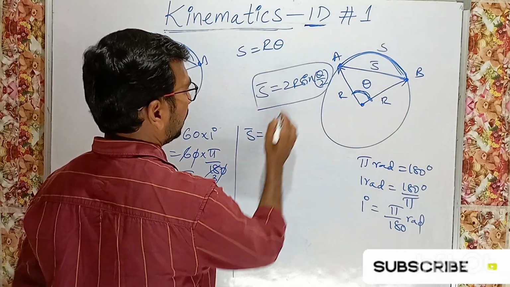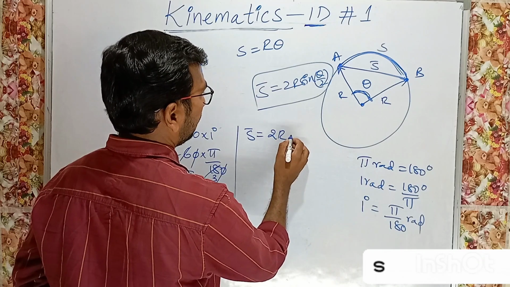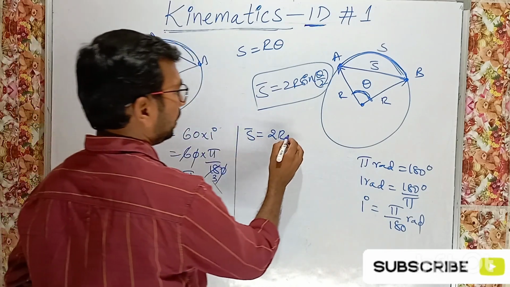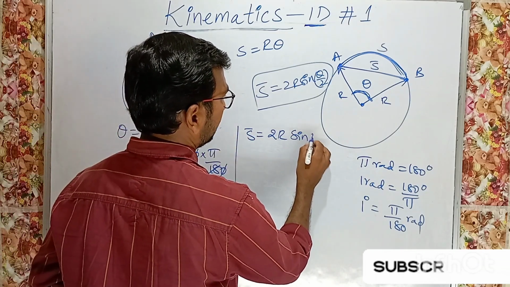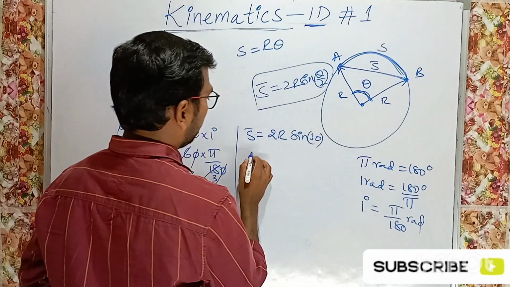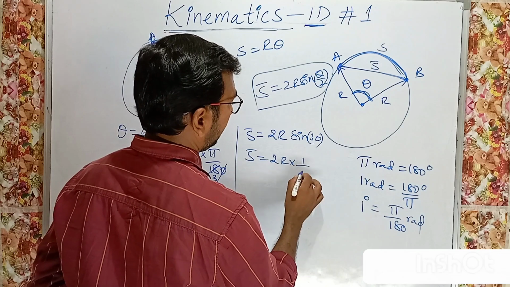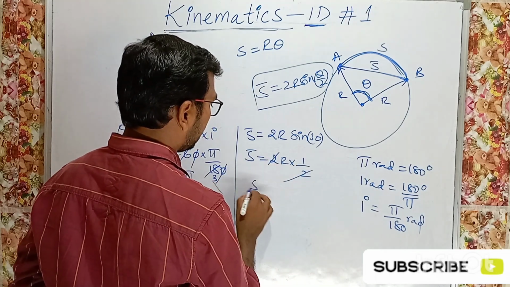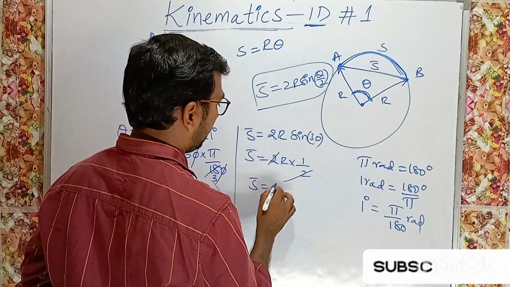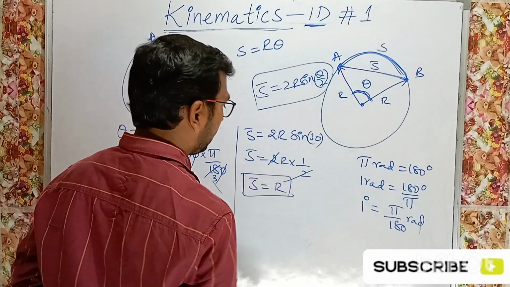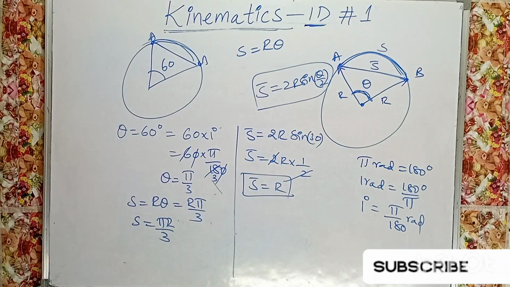Displacement is equal to 2R sin 30, since theta is 60 degrees. So S bar is equal to 2R, and sin 30 value is 1 by 2. These two cancel. So in this case, displacement is equal to R. Like that you can find out for any angle.